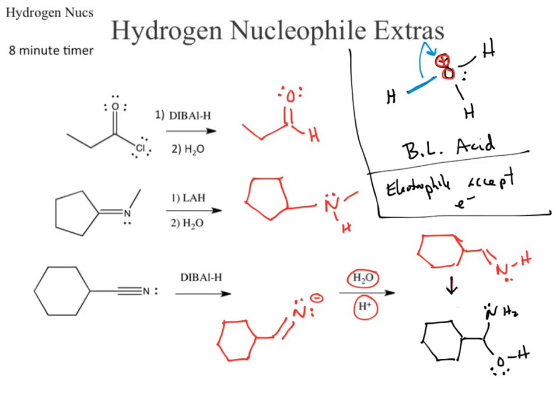What happens now? The nitrogen leaves. Is the nitrogen a good leaving group? Not yet. No. So what do we have to do? We have to protonate it to make it positive. Now it's a good leaving group, so what does it do? Takes the electrons from the bond, which means our oxygen supplies electrons into our pi system.